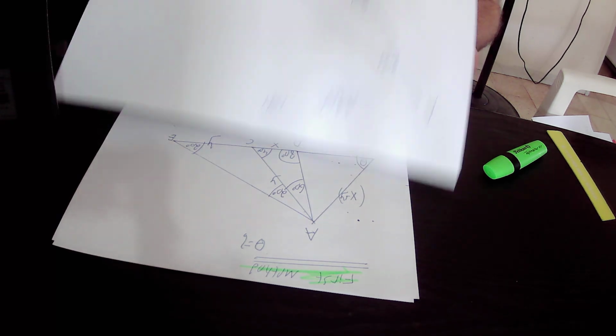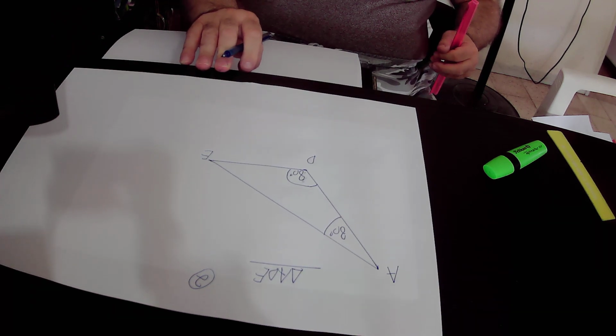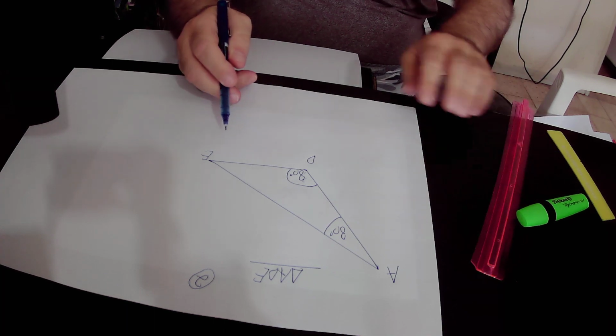So this is triangle ADE that I copied from the original drawing. And what is the size of side DE?